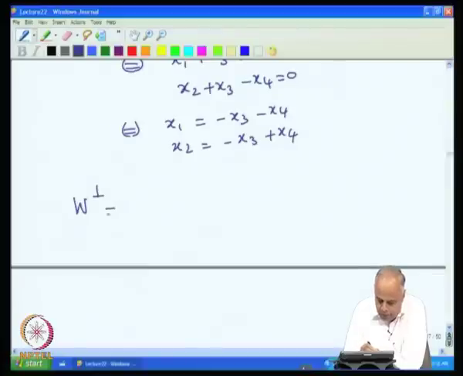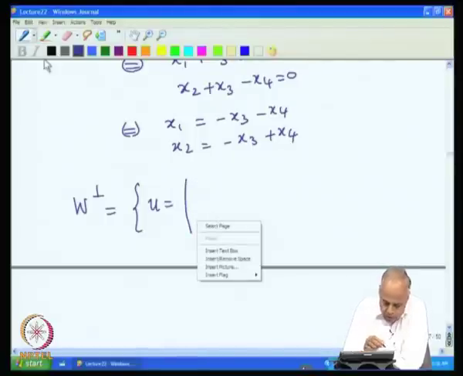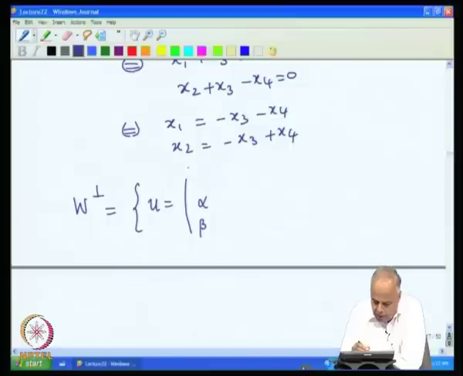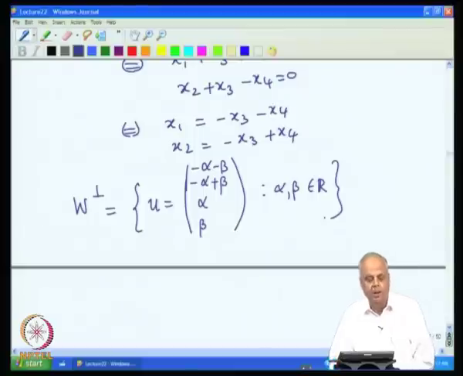So, we get W perp is equal to the set of all vectors of the form, if we choose x3 as alpha, x4 as beta, then x2 is minus alpha plus beta and x1 is minus alpha minus beta, where alpha, beta belong to R. And now it is easy to verify that this is a subspace of R4.